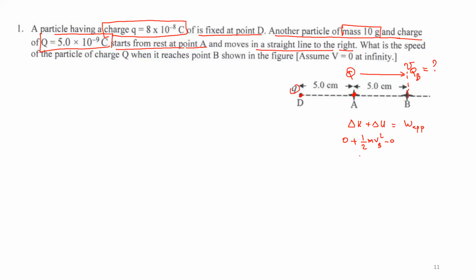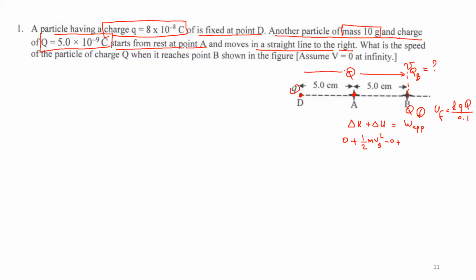Now what is delta U? Delta U, I can calculate it two ways. I can say that it will be U final minus U initial. Okay, what is U final? U final is when Q is here. Okay, this is final. So what is U final? It will be K, Q, capital Q divided by the distance between them. The distance between them will be 10 centimeters, so 0.1. What is U initial?